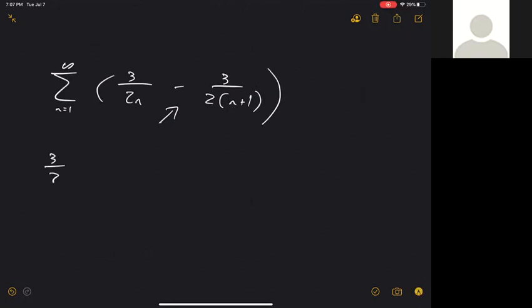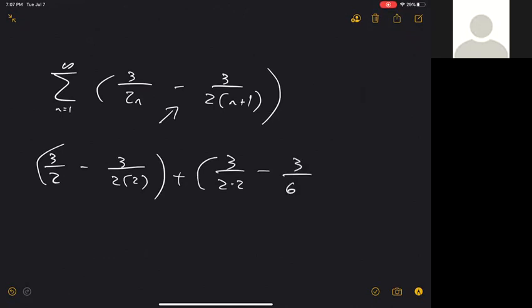So I plug in a couple n's, right? Okay, so the first term would be 3 over 2 minus 3 over 2 times 2, so 3 over 2 times 2, which is 4. Okay. And then I would add 3 over 2 times 2 minus 3 over 2 times 3.